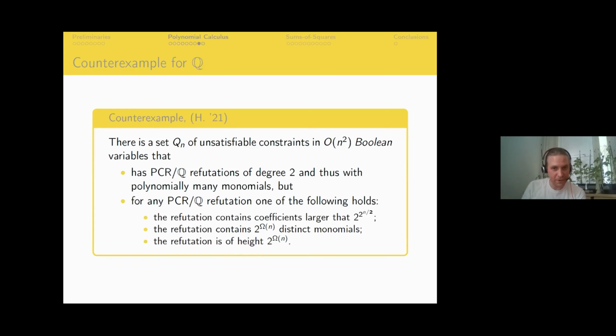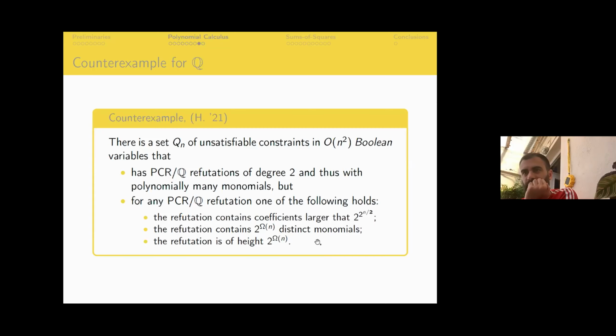Well, that refutation must have exceedingly large coefficients then. But it would be maybe interesting to see the refutations that basically fail the other two. Thanks. Okay.